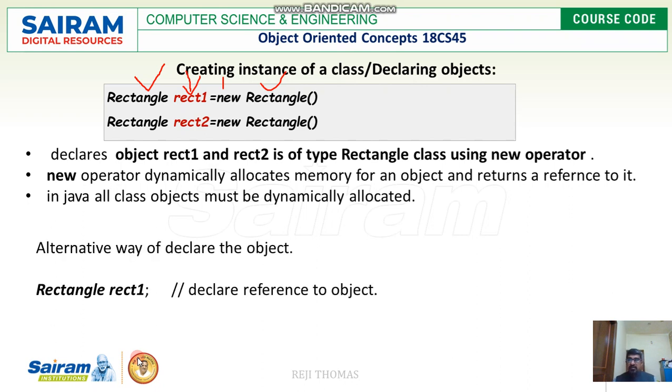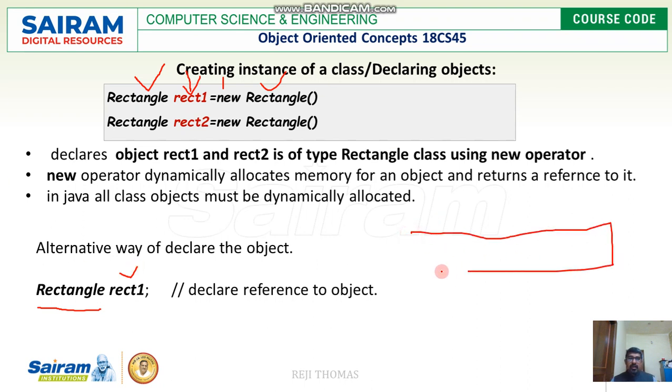There is another way of declaring objects. The first one we have seen already, how we can do it using the new operator. In the second way, we just have a reference. We'll just write the class name and give the object name. Please do remember, when we do this, there will not be any space for rect1.